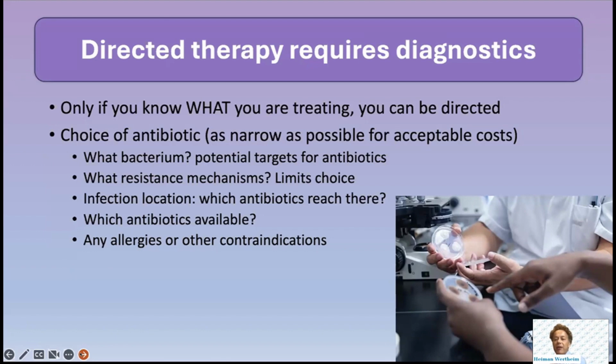This way we can actually improve patient outcomes. So in that sense, we also want to use the antibiotic guide as a means to show the importance of diagnostics, because only if you know what you're treating can you be directed. Otherwise, it doesn't make any sense, and the AWARE Handbook is in that sense sufficient.